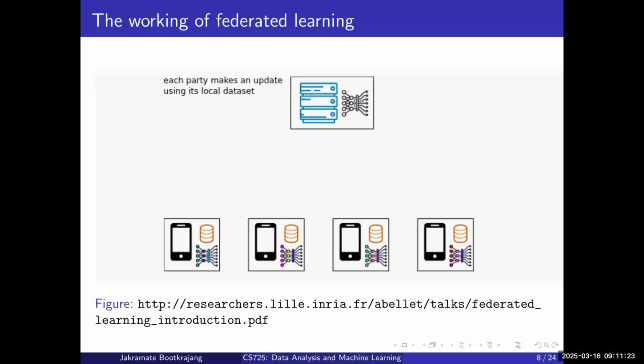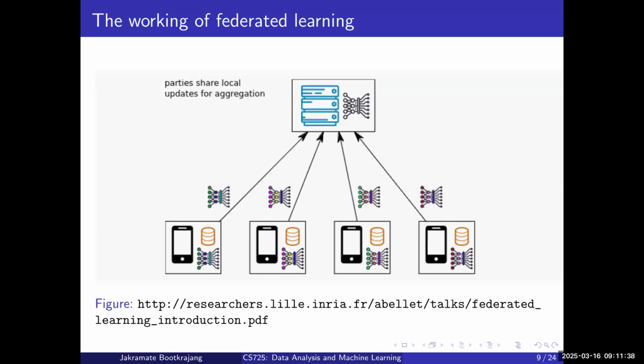Each of the models will train on the data that they have. And after they finish the training, they send the weight. Because you cannot send the data, you can send the weight instead.